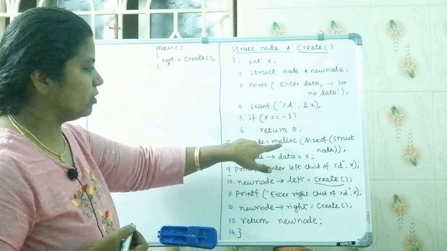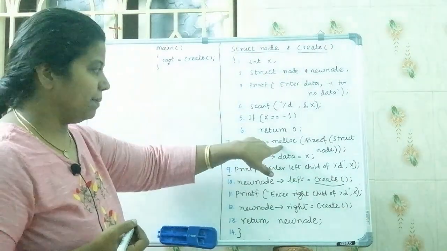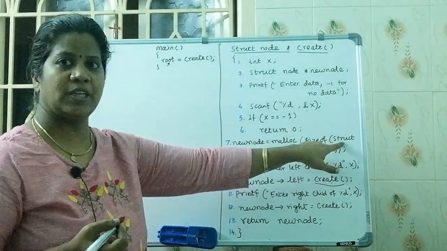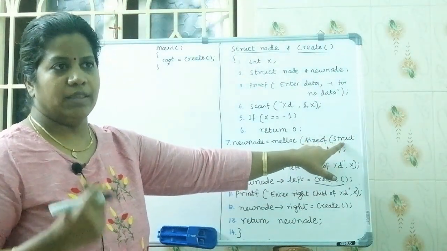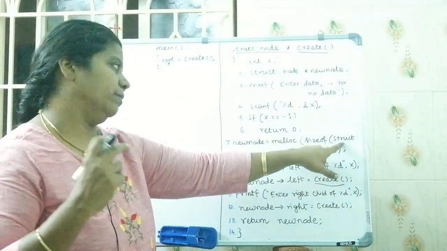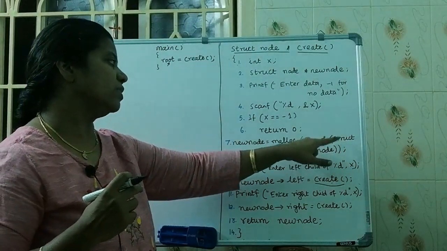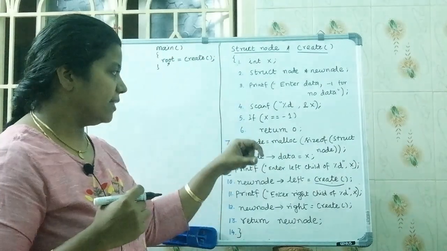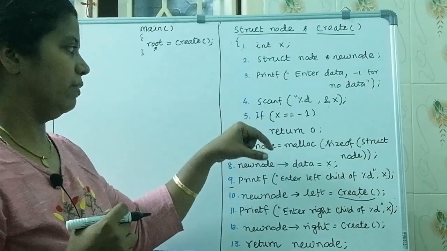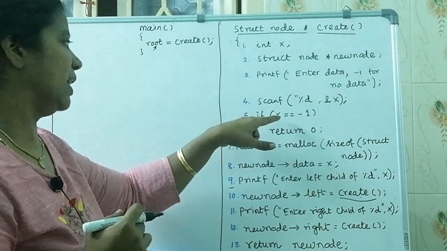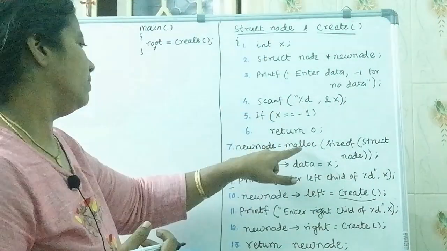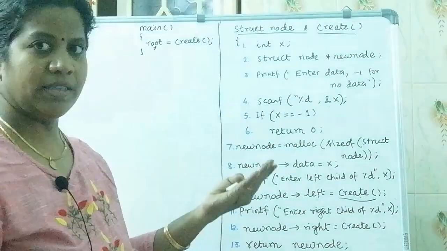In line number 7, it will try to allocate the memory using the malloc function, size of struct node. Note down the structure is already declared inside the program, consisting of a pointer to the left node, a pointer to the right node, and then the node's own integer value, which is nothing but x over here. Then when we call the malloc function, it will return some address.